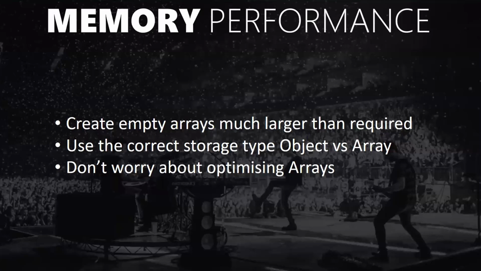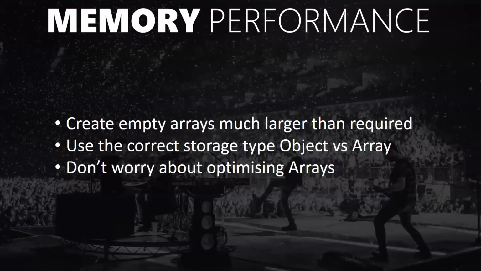This will completely prevent the browser creating a type that has to be reallocated or a type that is linked in memory. It will allocate an entire block of memory in one go that you will need, and that way you will avoid the downsides of both types. And it's always the correct storage type.